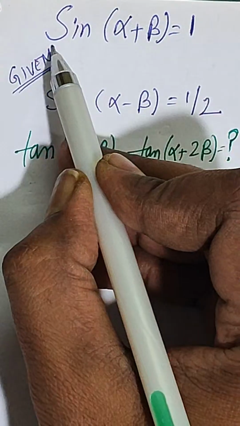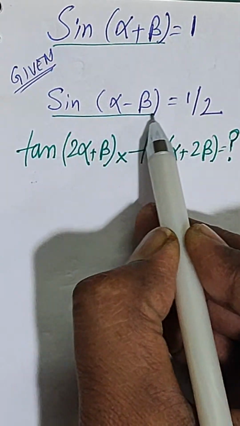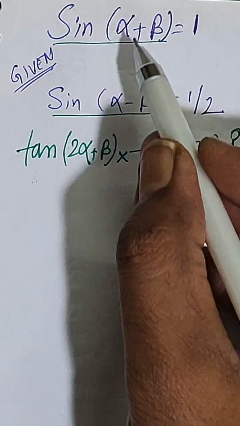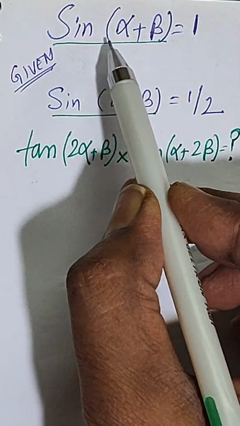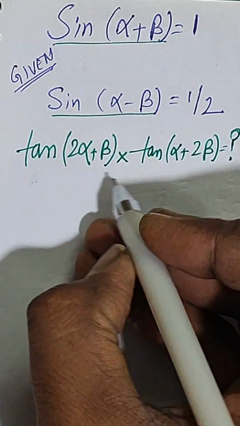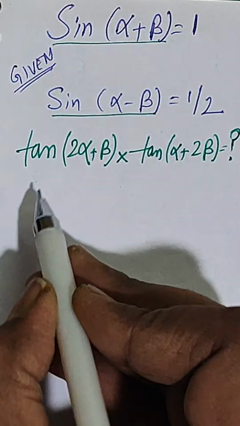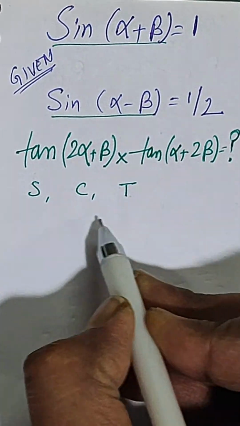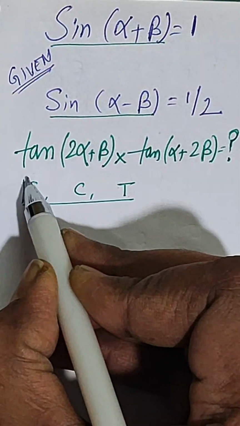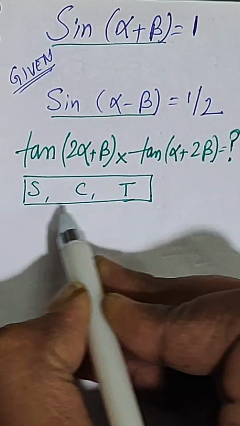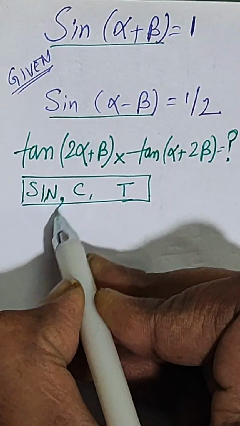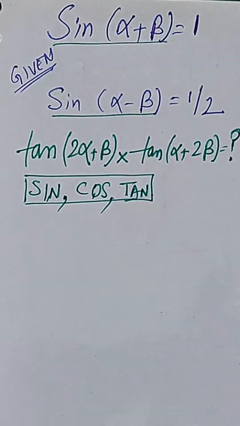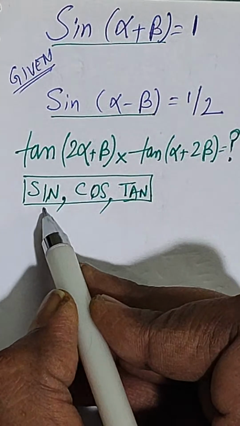What is the value of this? If sin alpha plus beta equals 1, sin alpha minus beta equals 1 by 2. So students, in such cases, you need to remember a few of the values for all the trigonometrical ratios. Basically, for sine, cos and tan. Then accordingly, you can derive for all others. Just remember a few of the values for sine, for cos and for tan. What are the values which you need to remember?